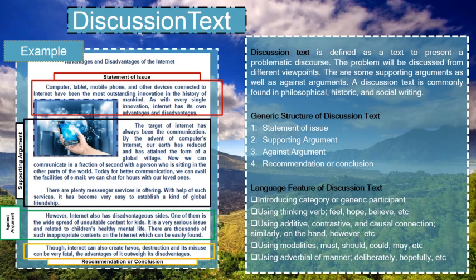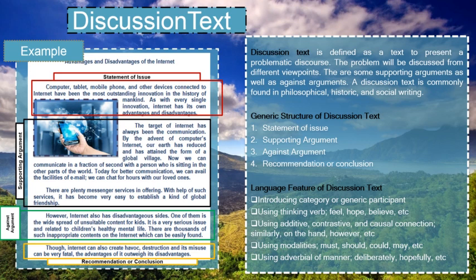Purpose: a discussion is used to present different opinions on a particular issue or topic. It is argument for and against, or positive and negative, or good and bad. The point is a balanced style of writing.